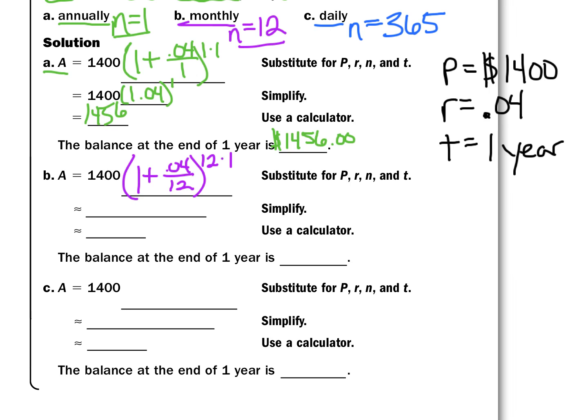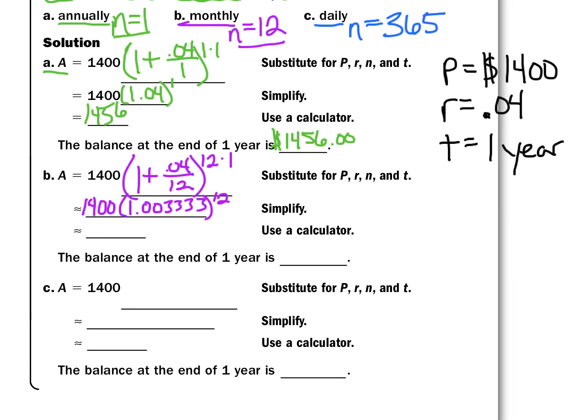So that would be, first of all, we need to find an approximation for 0.04 divided by 12, which is 0.00333333, etc. So 1400 times 1.003333, etc., raised to the 12 times 1, which is 12.